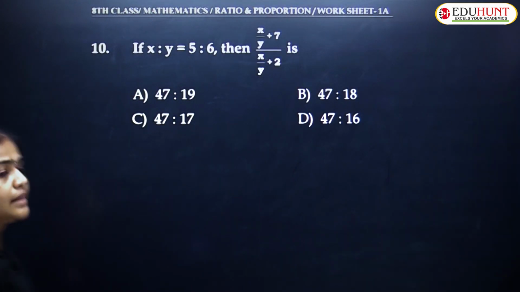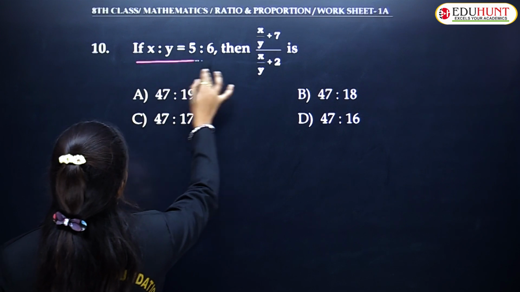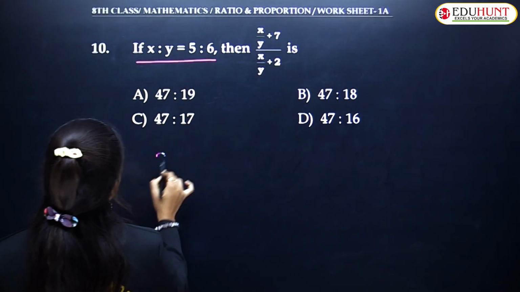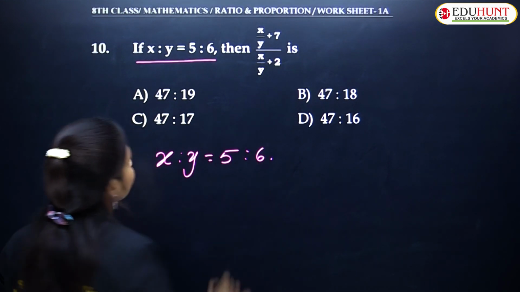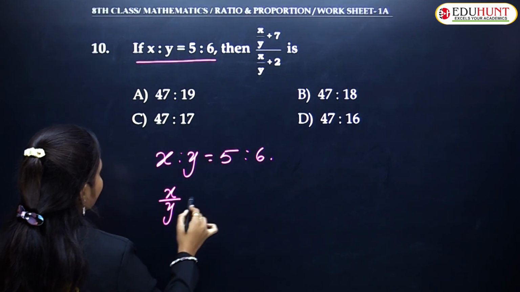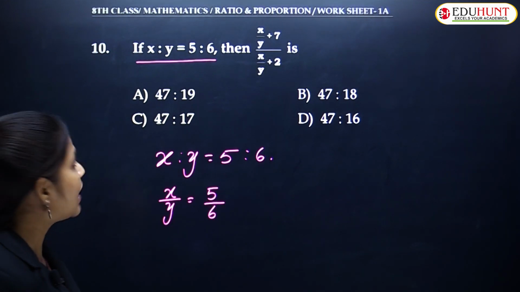Okay. Children, see here, 10th question. What is that? If x is to y is equal to 5:6. From this we can write x by y is equal to 5/6.